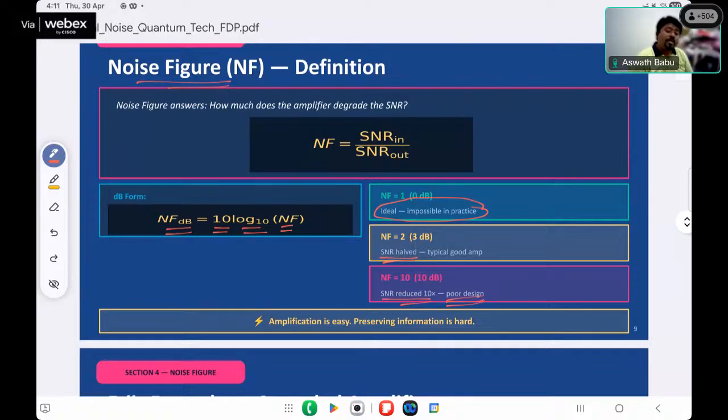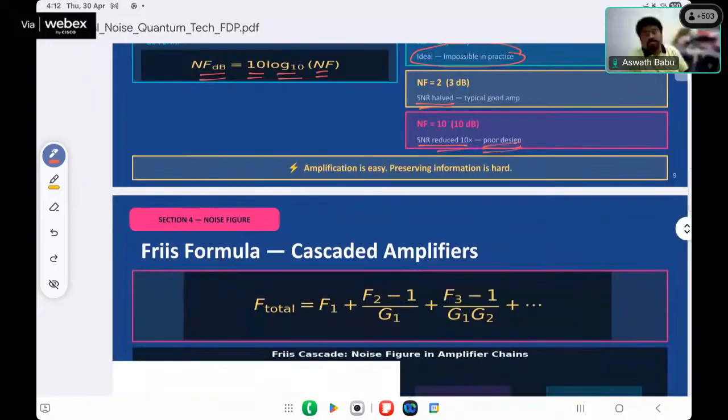A noise figure in decibels of 1 is ideal, 2 is reasonable, typically a good amplification system, which amplifies in classical communication. When it comes to quantum circuits which do the processing, they are reasonably fine. If the circuit disturbs the input signal to some extent and you get something noisy, there you should worry.